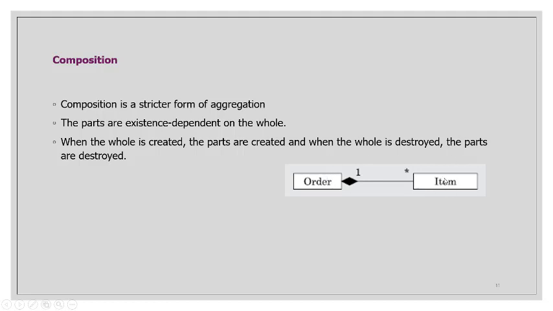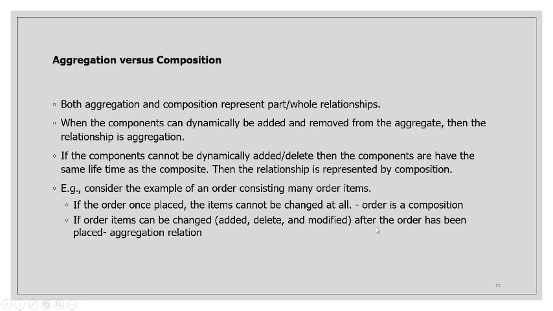The composition relationship is represented as a filled diamond. Here is a filled diamond. It should be at the composite end, and we have seen the example already. And aggregation versus composition: both aggregation and composition normally represent the whole-part relationship.